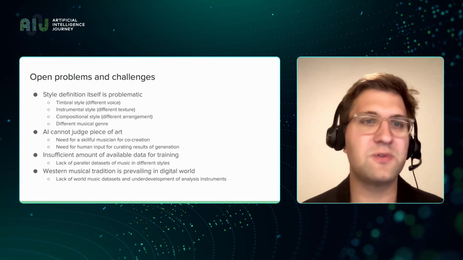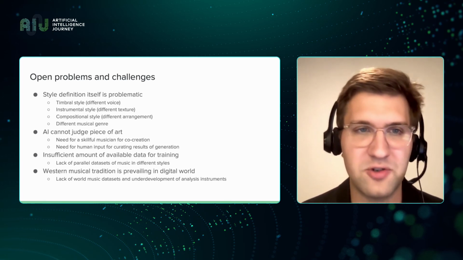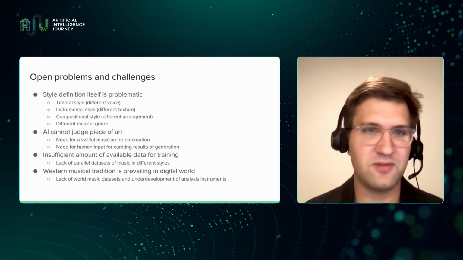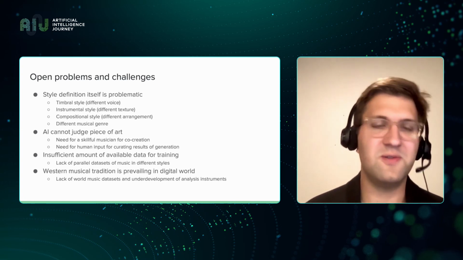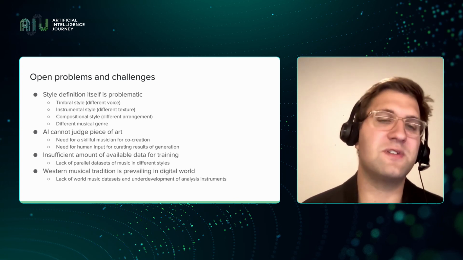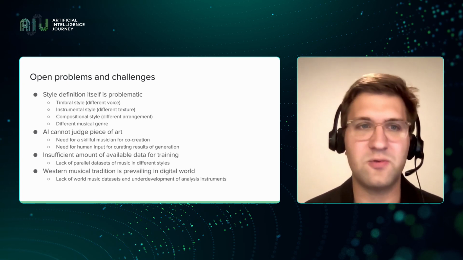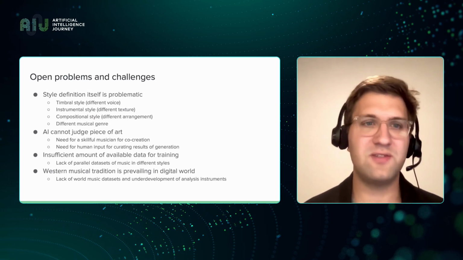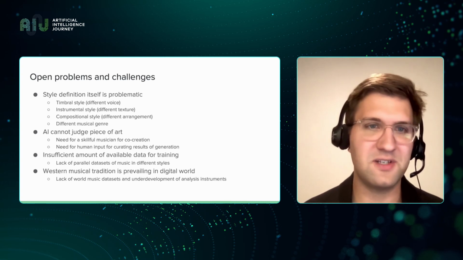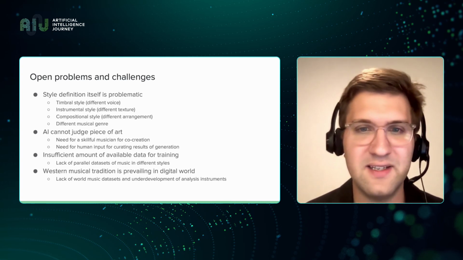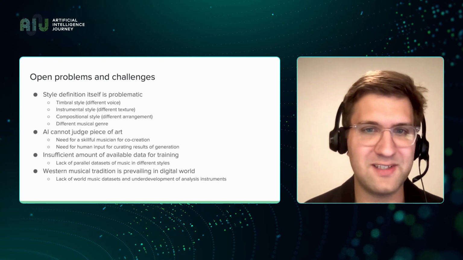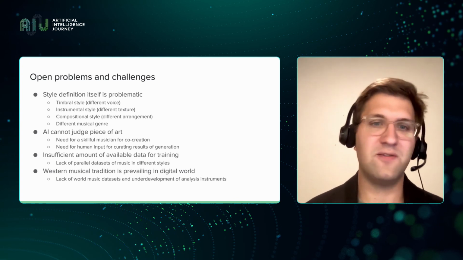Moreover, AI cannot be used to judge a piece of art, because AI might judge whether one tune is similar to another tune, but a new piece of art can be perfect to a human ear and AI will not be able to understand it. At least this is the way it is right now.